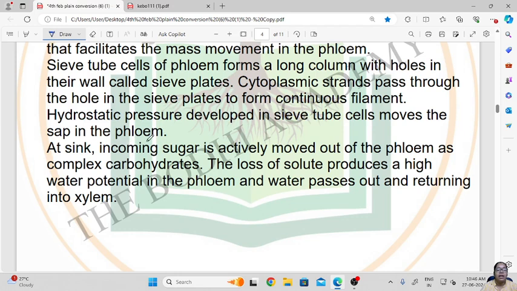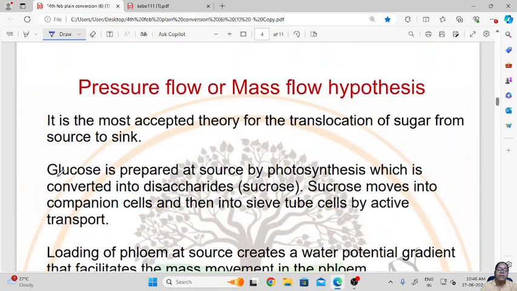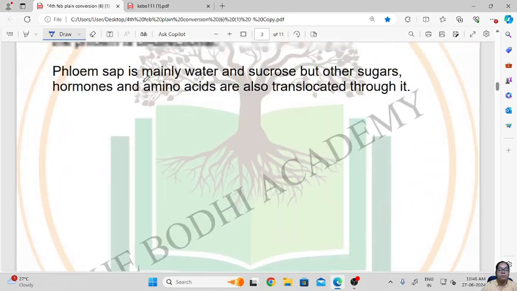At the sink, incoming sugar is actively moved out of the phloem as complex carbohydrates, and the loss of solute produces a high water potential in the phloem, and water passes out and returns into the xylem. So this is how the pressure flow or mass flow hypothesis helps in the translocation of sugar from the source to the sink in the phloem tissue.